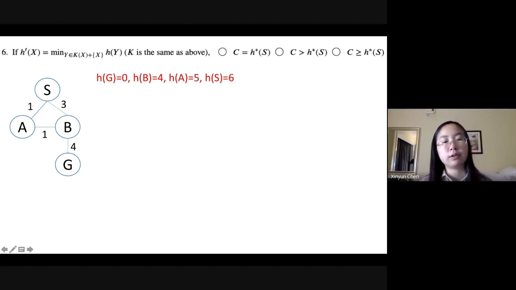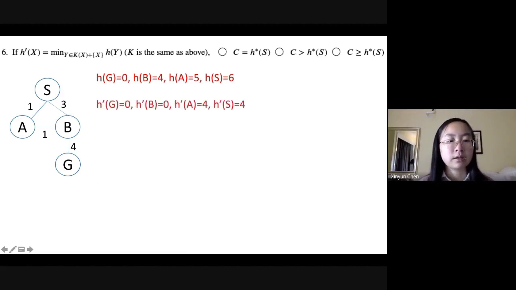All of these are optimal heuristics. But when we take the minimum, H prime G is still 0, and H prime B also becomes 0 because it is directly connected to the goal node G. Then both H prime A and H prime S take the H value of B.